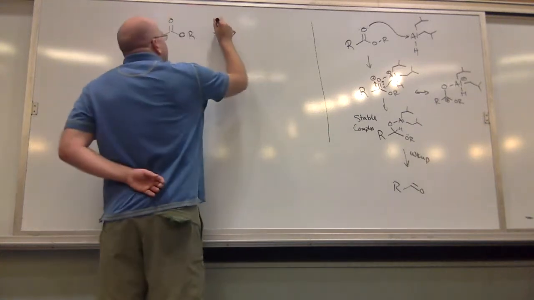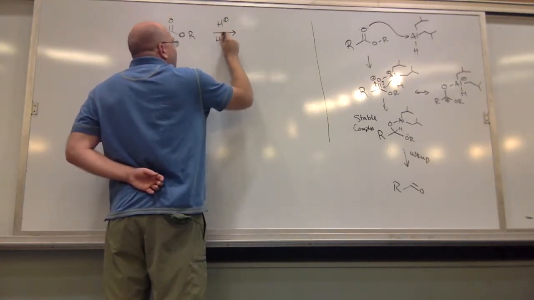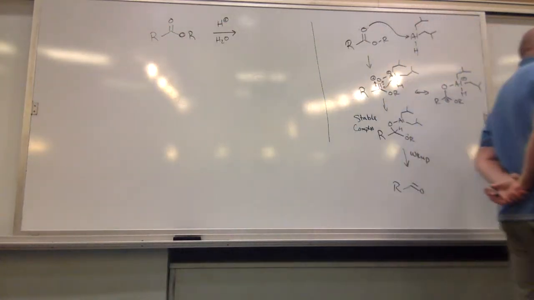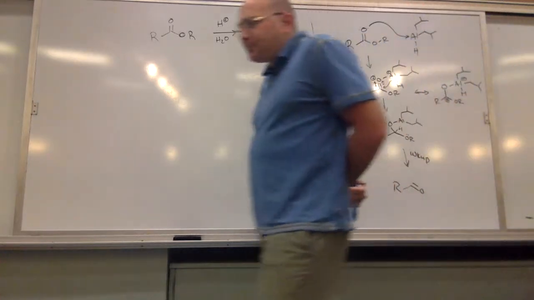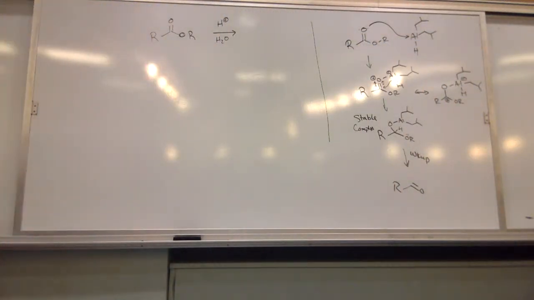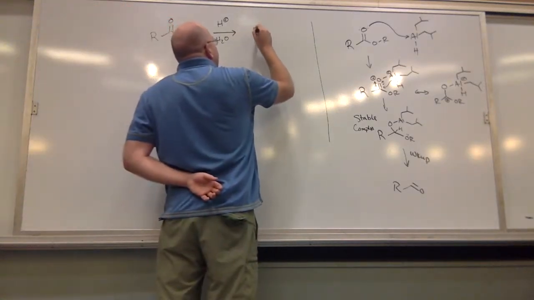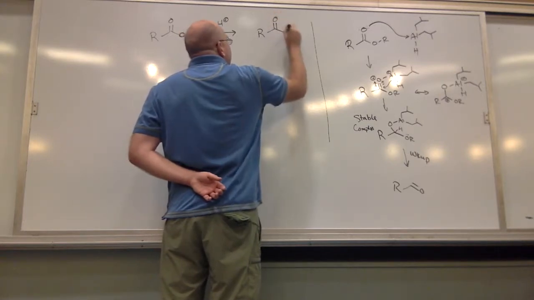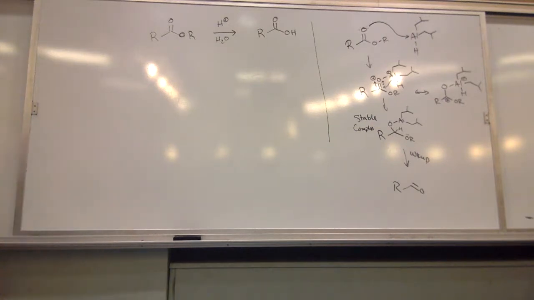This is a fairly common reagent that we see, and we ask what happens when you take a functional group and treat it with acid and water. And in the case of esters, under acidic conditions, you're going to get carboxylic acids.